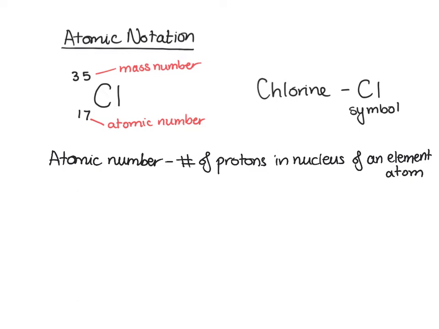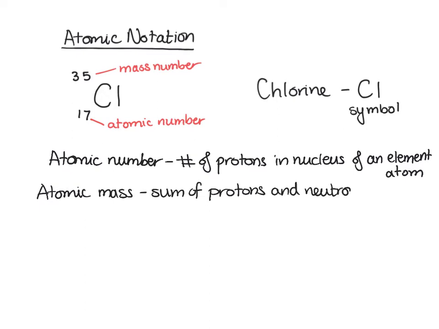So what is the mass number or the atomic mass? Right? You can use those terms interchangeably. So the atomic mass is telling me the sum of the protons and neutrons in the nucleus of an atom.